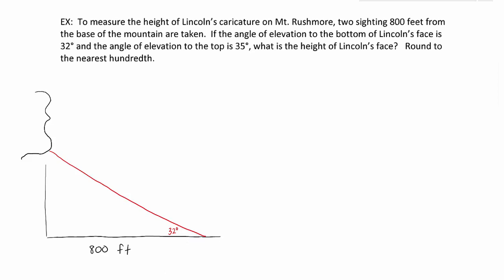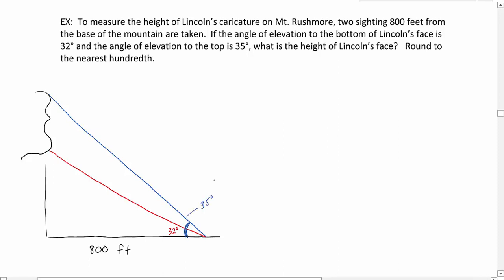And the angle of elevation to the top of his face is 35 degrees, and it's that whole amount. And they want us to figure out the height of Lincoln's face.